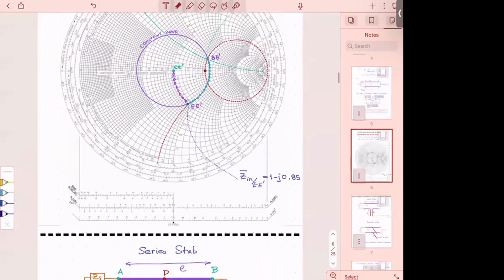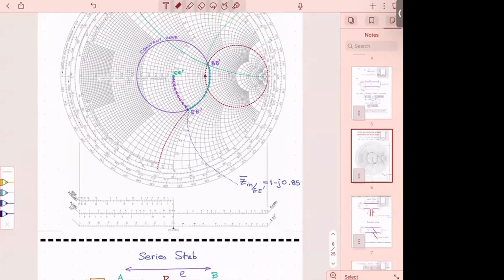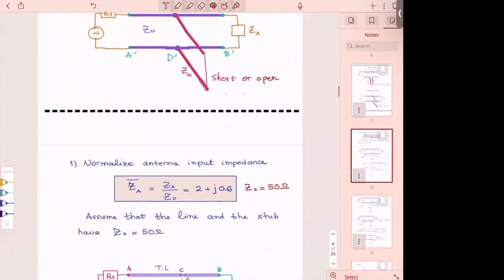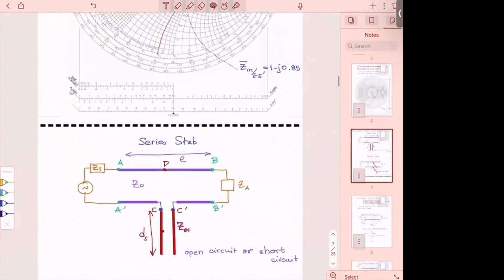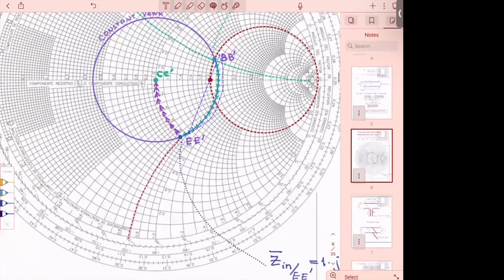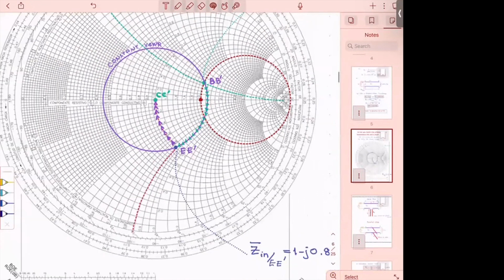So we go from BB prime here to EE prime. So we are here. What I'm saying is that I found myself at EE prime from BB prime by moving by a distance D on the constant VSWR circle. See, I put the distance D, but I did not tell you how to find it from the Smith chart. So the first thing we're going to do is to find this distance.